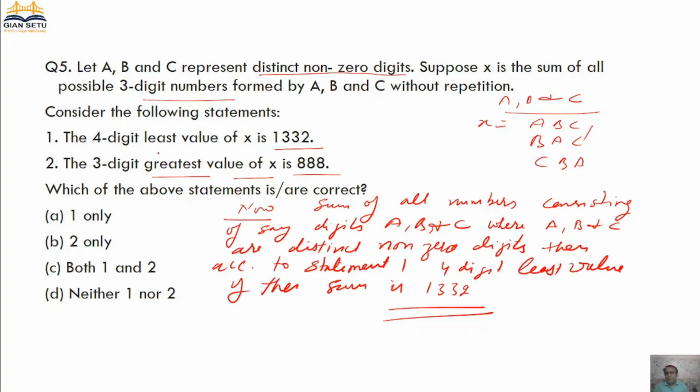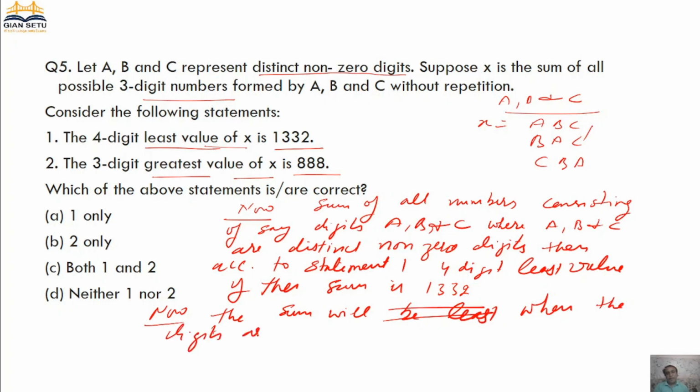Now since we are asked to find the least value of the sum of 3-digit numbers, right? Now the sum will be least when the digits are the smallest digits.